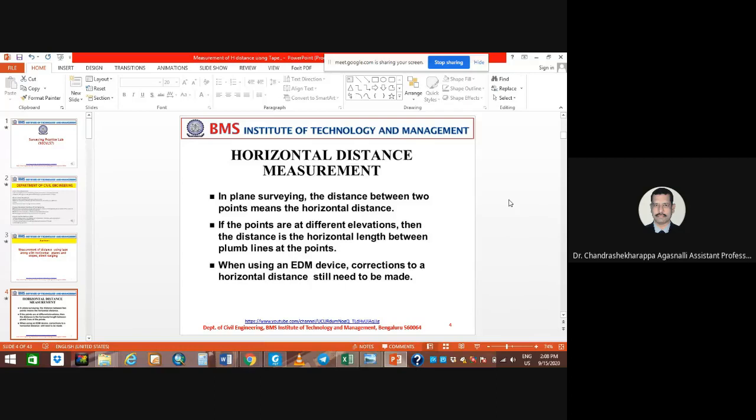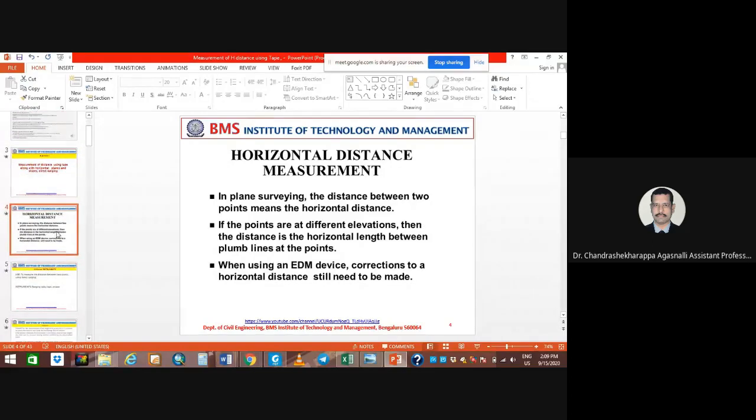And the third point is when you are using the EDM device, the electronic distance measurement device, the horizontal distance still needs to be corrected. Correction has to be done even with an EDM device, electronic distance measurement, when taking readings. And this is a very simple concept.